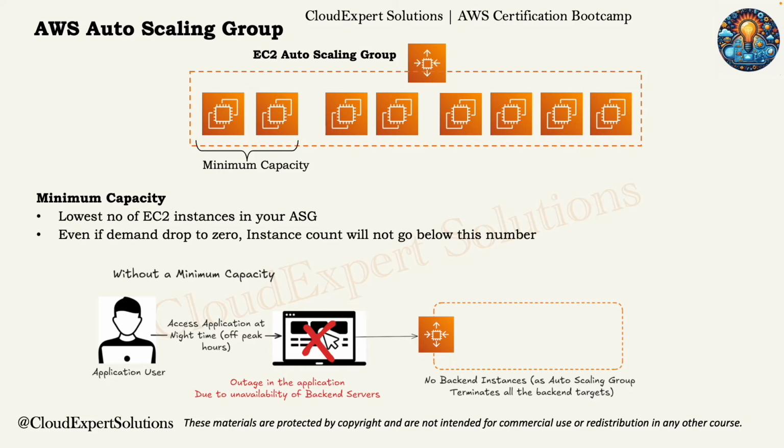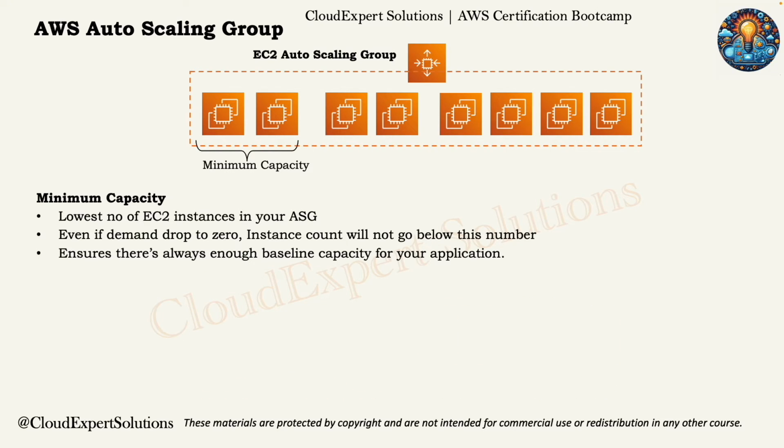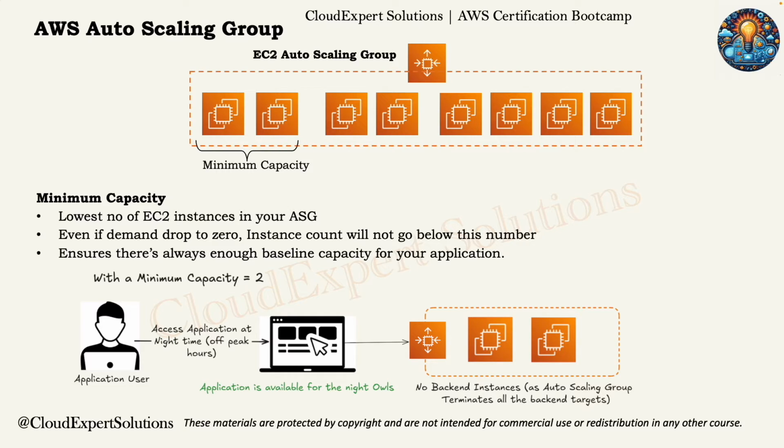Even if the demand drops to 0, AWS will not go below this number. Minimum capacity is used to ensure there is always enough baseline capacity for your application. For our example, our minimum capacity is 2.